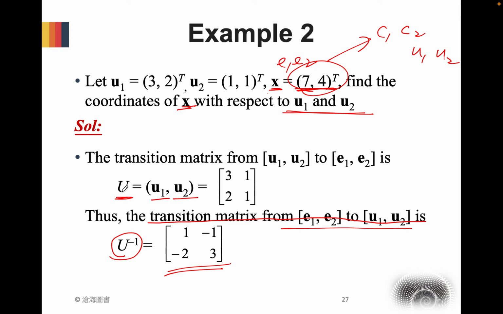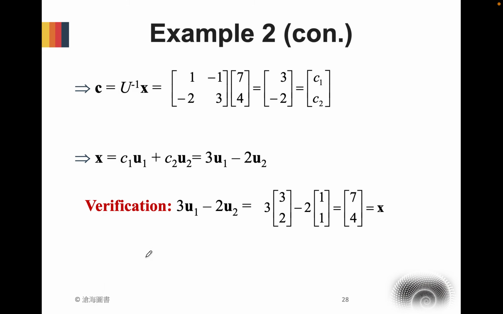Remember that the matrix U is the transition matrix from U1, U2 to E1, E2. Remember the direction. But right now we want to do the opposite, so we need to take the inverse of the matrix U. After doing that, we can pre-multiply x by U inverse to get the coordinate vector C1 and C2. That is (3, -2), right?